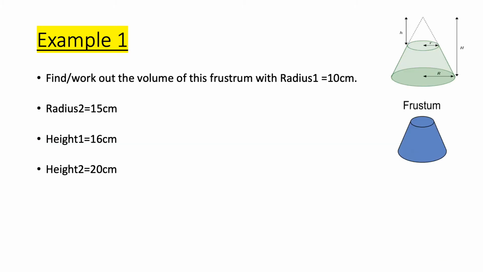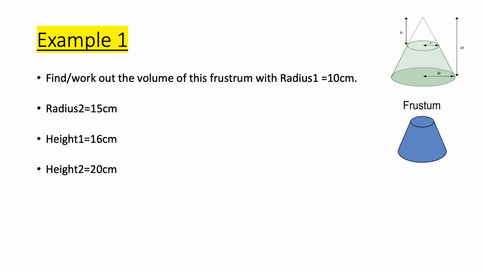Example 1. Find the volume of the frustum with radius 1 is 10 centimeters, radius 2 is 15, height 1 is 16, and height 2 is 20 actually. So the whole height is 20, the small height is 16, the small radius is 10, and the big radius is 15. I've not drawn it to scale.